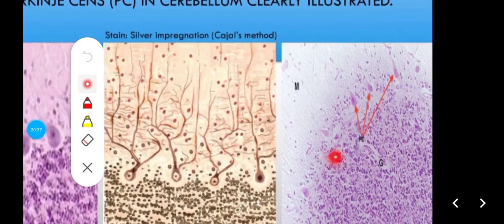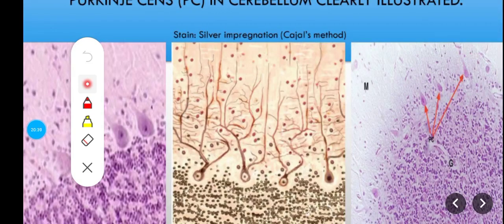Let's zoom in. Can you appreciate the flask-shaped cells? This one, this one, this one. Notice that they are uniformly spaced. So this represents the Purkinje cells. And then you can see the granular layer, which contains densely packed nuclei.